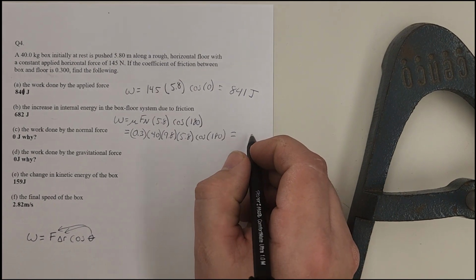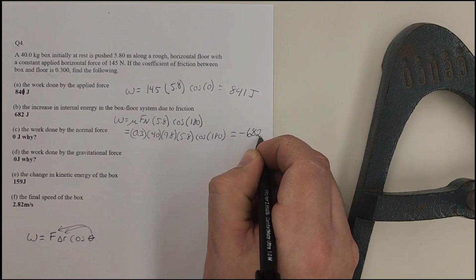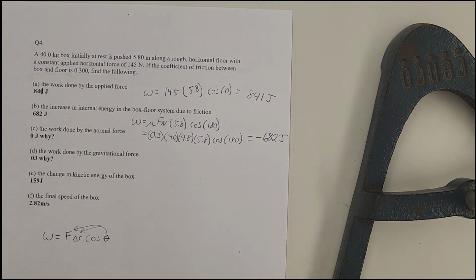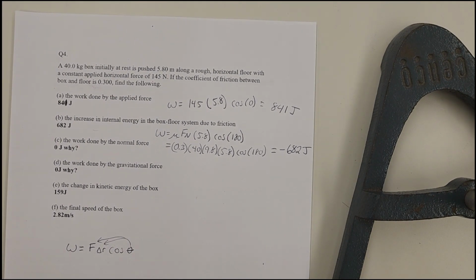And so this gives us a negative 682 joules. Okay, so this is always the work that we have lost. The friction force is always the work we have lost. Where did it go that we weren't able to get it back? Well, it went into heat. It went into the box-floor system.